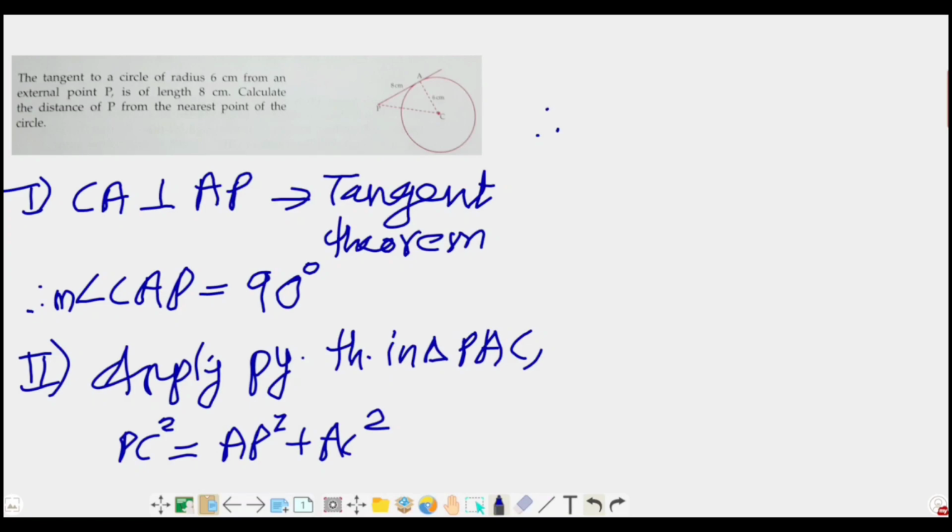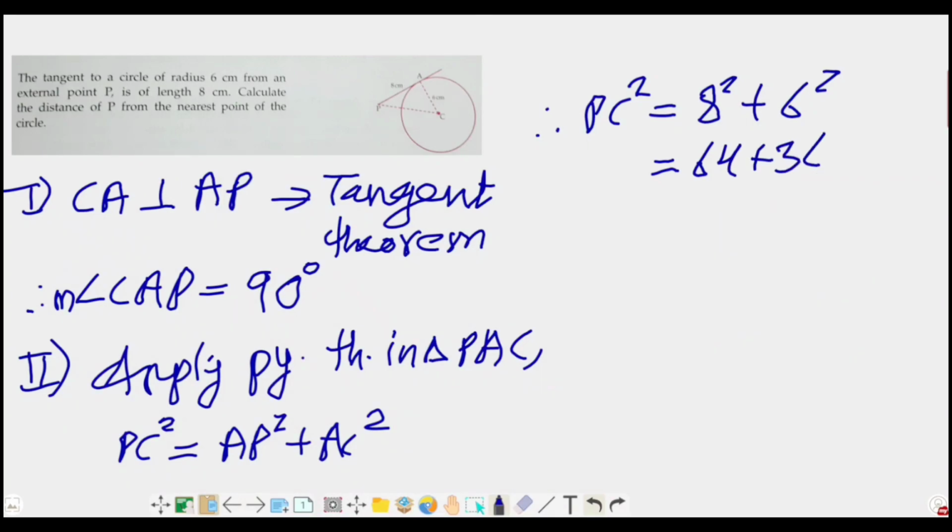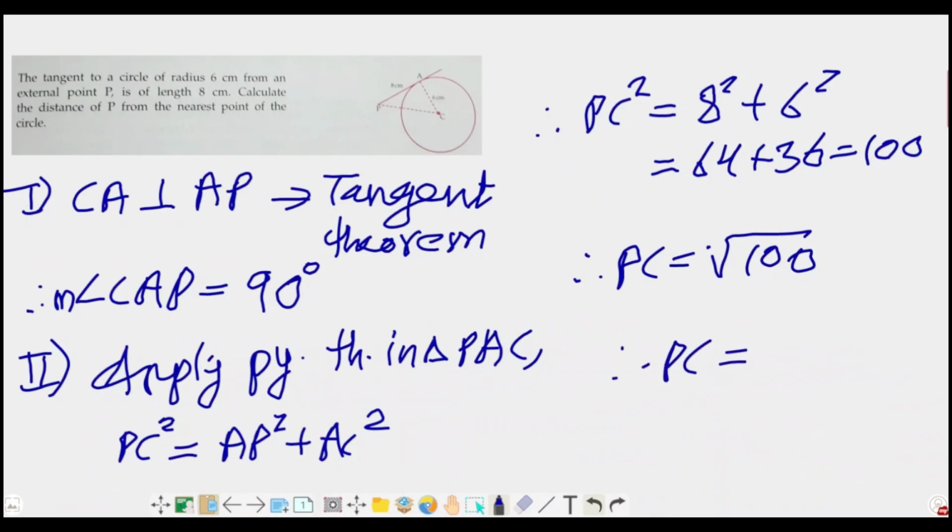Your PA is 8, AC is 6. So it will be 64 plus 36, which is equal to 100. So your PC will be square root of 100, so your PC will be 10 centimeter.